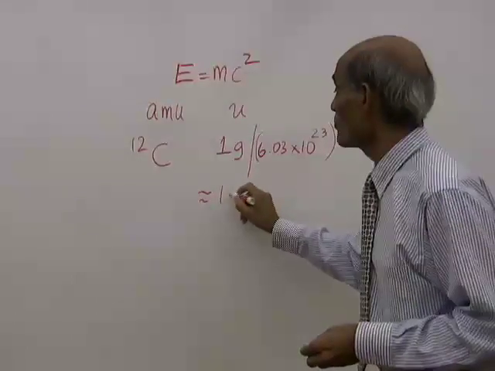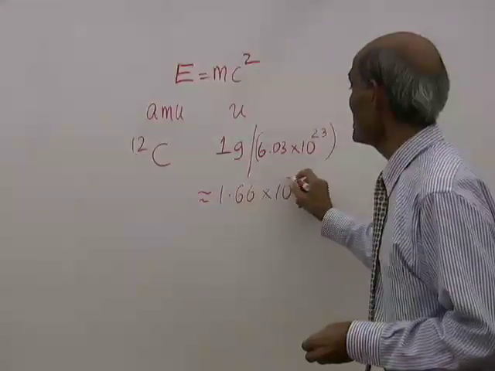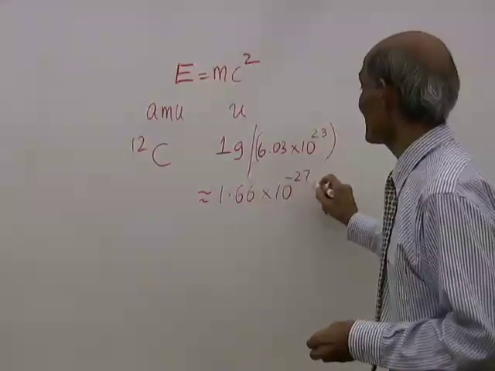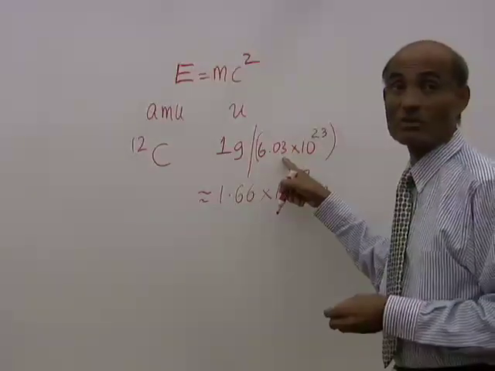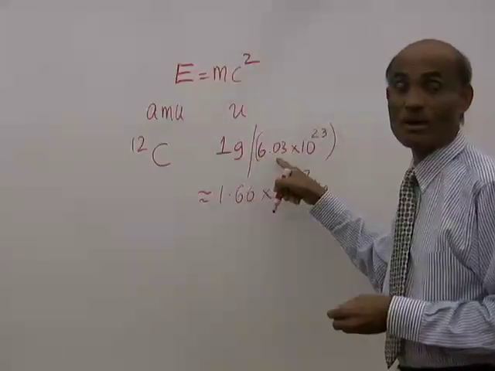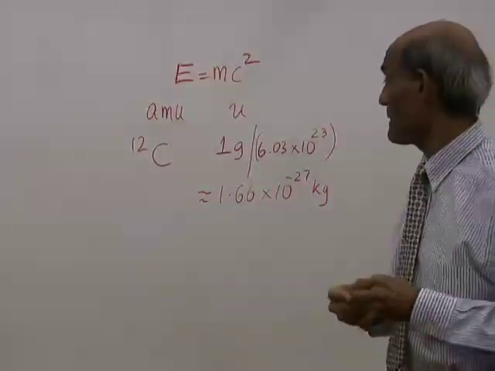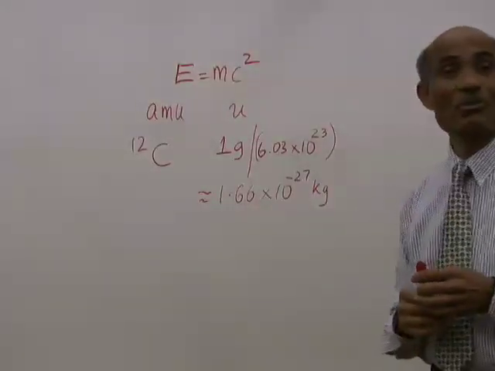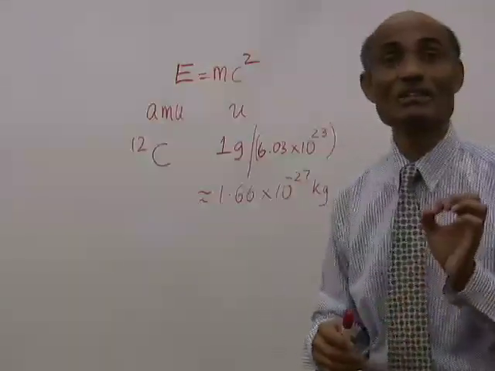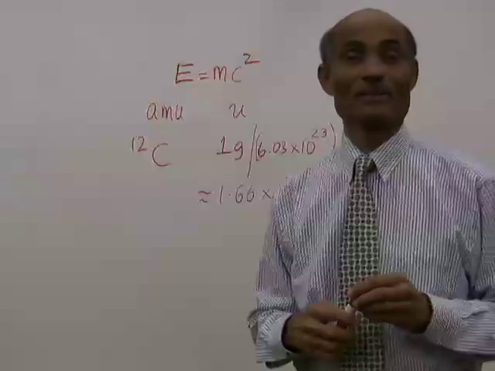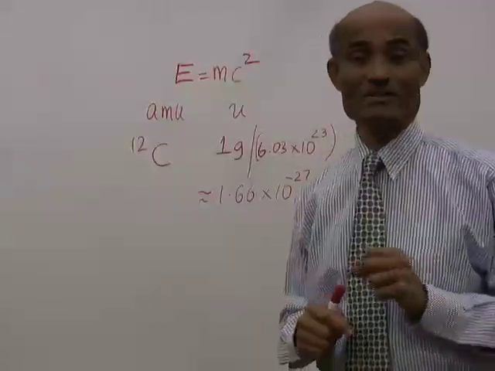That will work out to 1.66 times 10 to the negative 27 kilogram. If you work out this, that will give you approximately 1 atomic mass unit is 1.66 times 10 to the negative 27 kilogram. Well, that will be the unit for measuring mass.